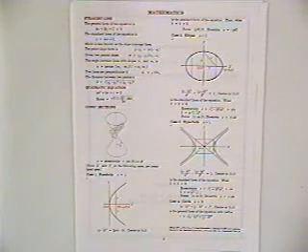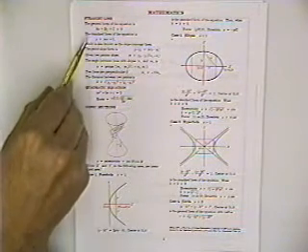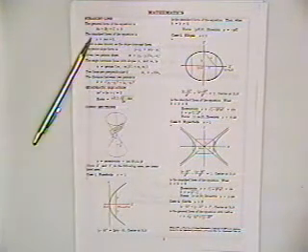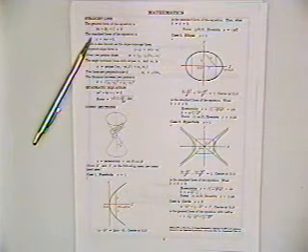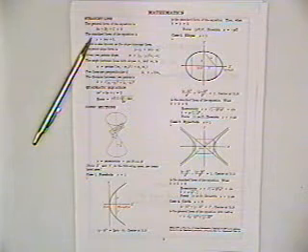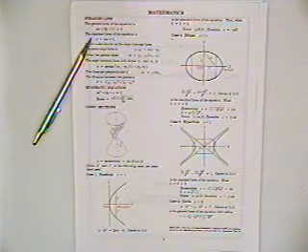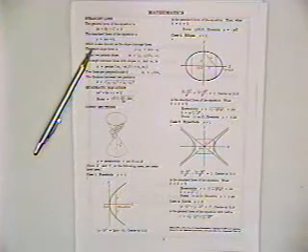Now, a straight line, as shown in the figure here in the first equation, generally has the form of a constant times x plus a constant times y plus a third constant equals 0. And that will give you the equation of a line in an xy coordinate system. The more familiar form that you learned in calculus is the form y equals mx plus b, which is the second line shown in this page.